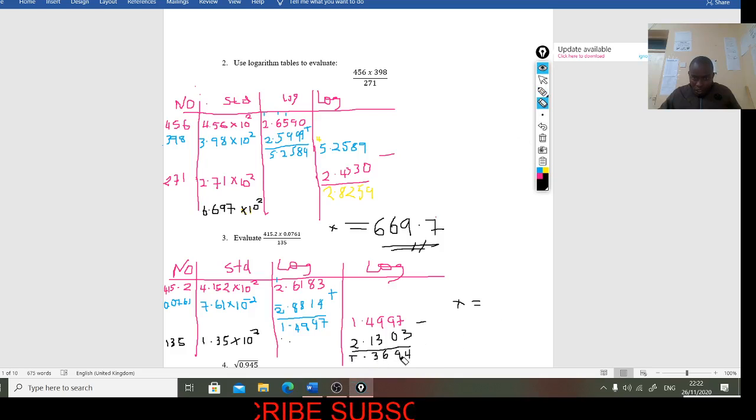You find the logarithm of this, you multiply 10 power -1, times the antilogarithm of this. You find the antilog of 0.36, then at 9 you read the other side 4, and then you add.